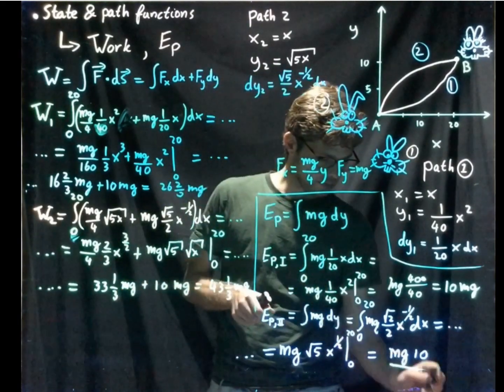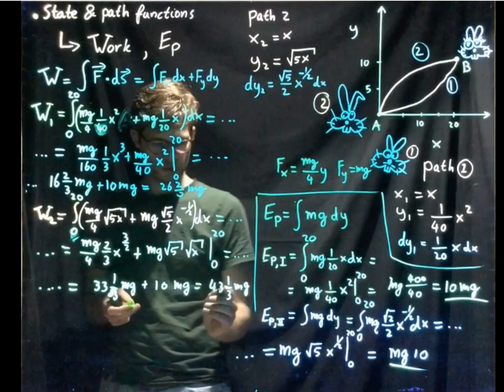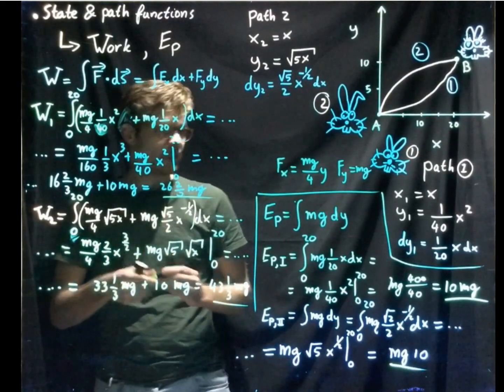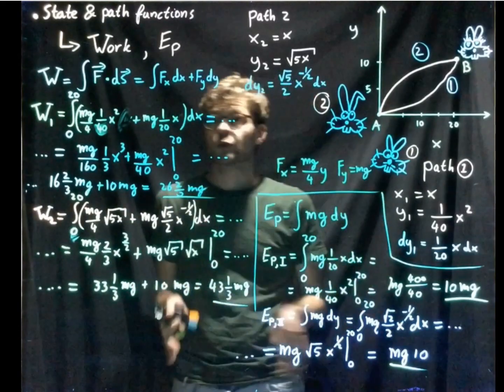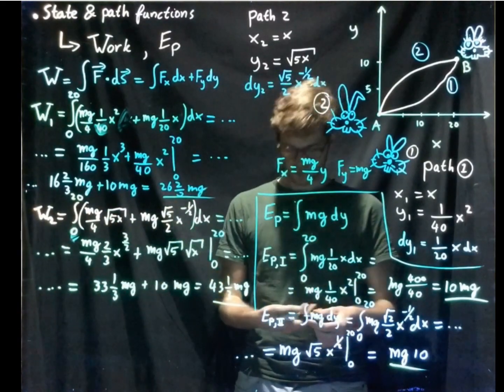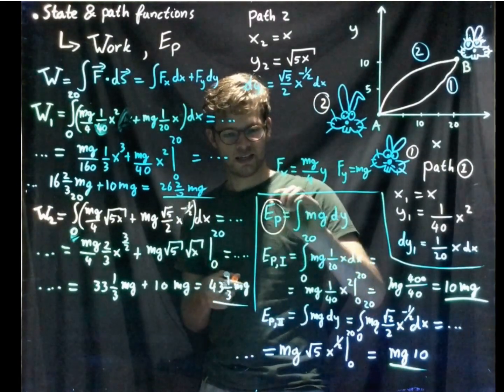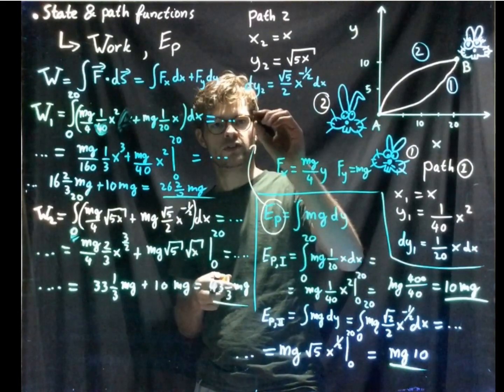So these values are the same, but the values for the work are different. And this is actually the difference between a state function and a path function. So over here we have a state function.